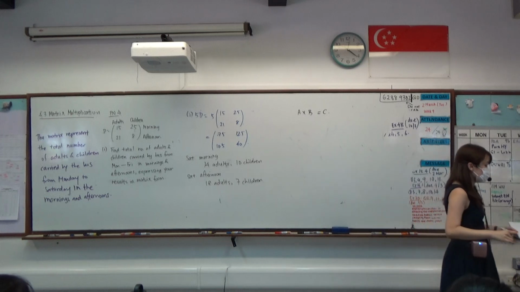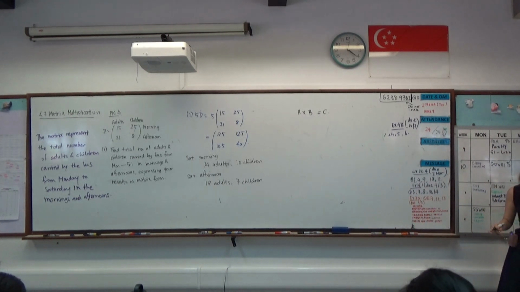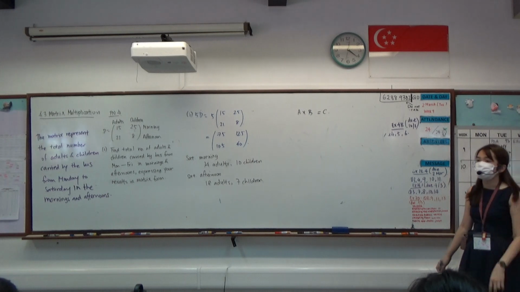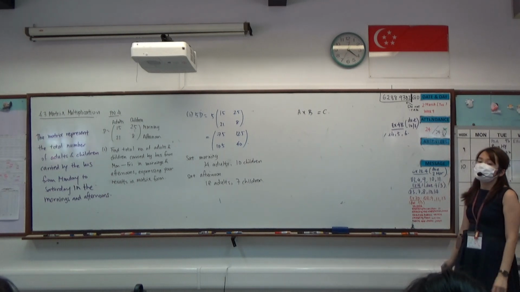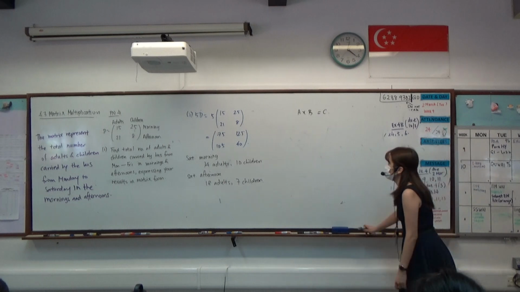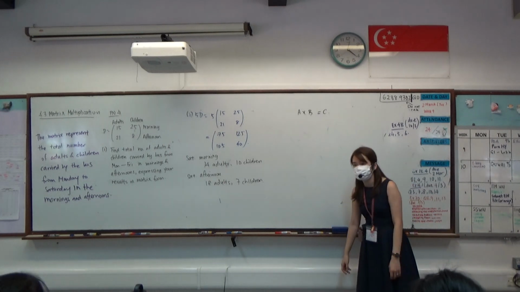Okay, the next is the most important one, which is on two matrices multiplying with each other. We have seen taking a number multiplying with a matrix. The more complicated one is to multiply two matrices together.